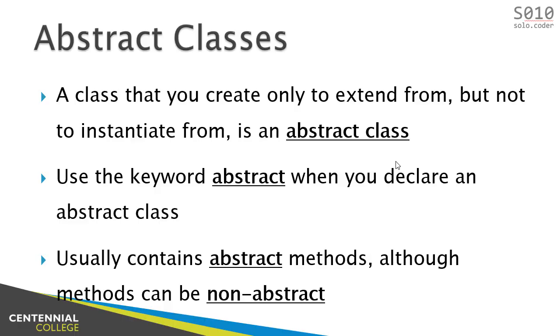I can say animal, but let's move away a little bit from animal here, and let's think about shape. Let's think that we are drawing shapes that will have corners. So maybe the abstract class shape will have a number of corners.